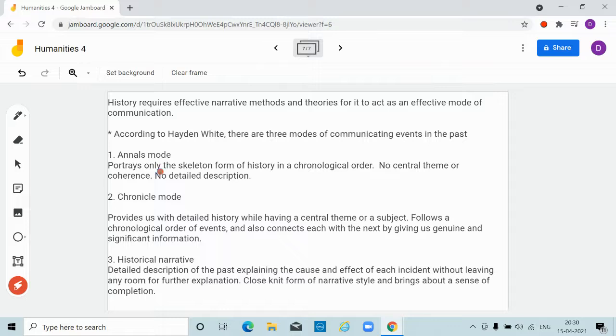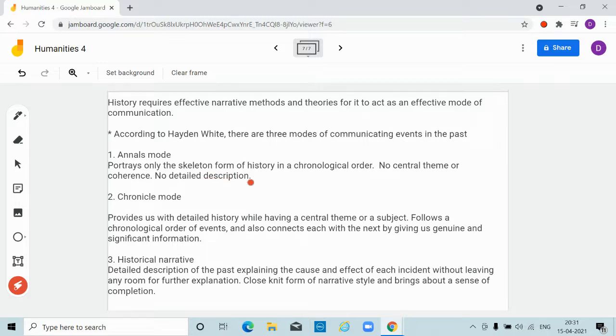So it portrays only the skeleton form of history in a chronological order. The chronological order is followed, but there is no central theme or coherence. So first you're saying that India got independence. The second you're saying that Gandhiji was assassinated. So there is no central theme there, and no detailed descriptions either. You said that Gandhiji was assassinated in 1948.